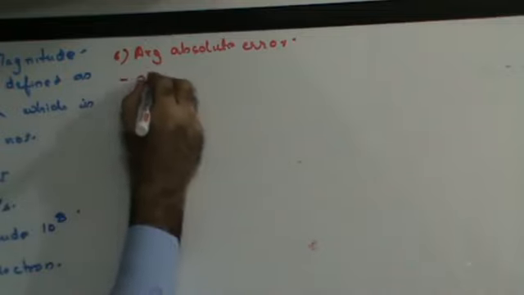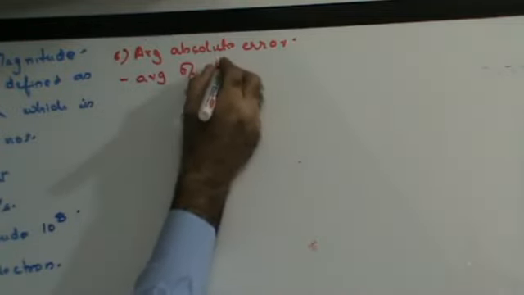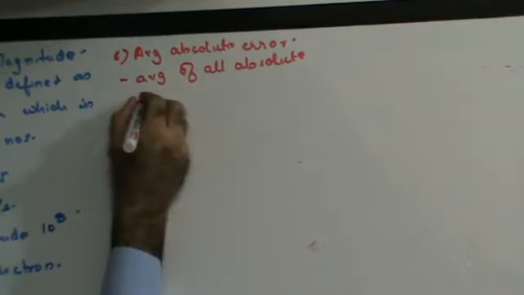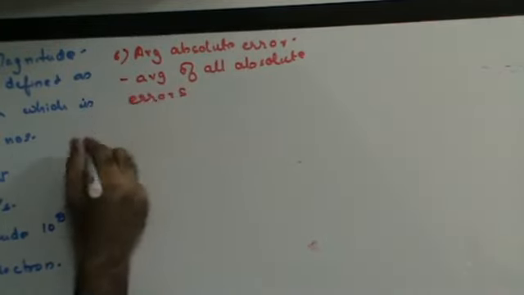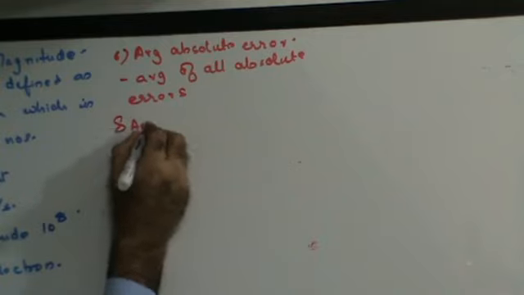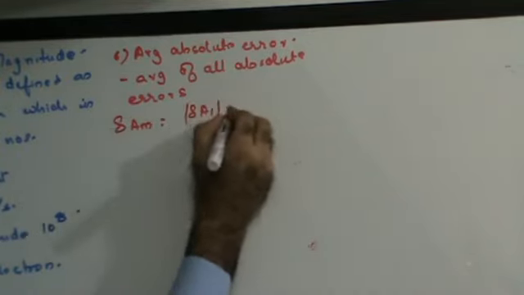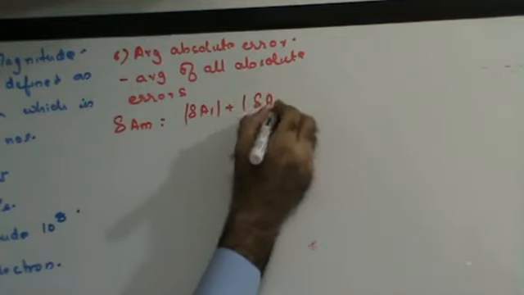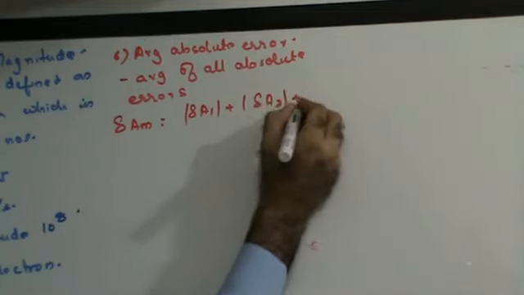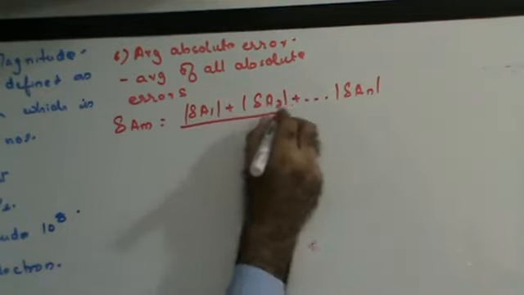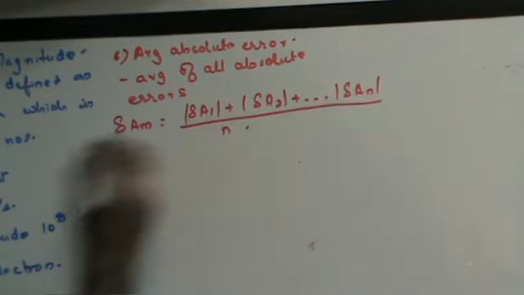Then average absolute error is nothing but absolute error 1 plus absolute error 2 plus absolute error n divided by the number of observations. This is my average absolute error.